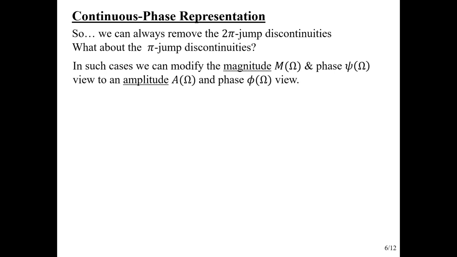So what we need to do is abandon the magnitude and phase. Remember, the magnitude part here, because it's a magnitude, an absolute value in a sense, must be non-negative.